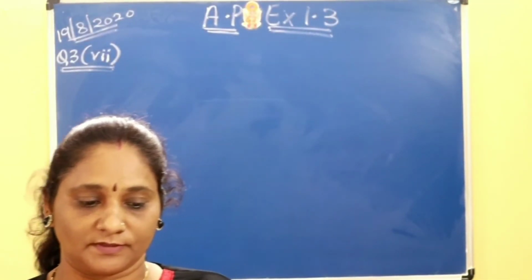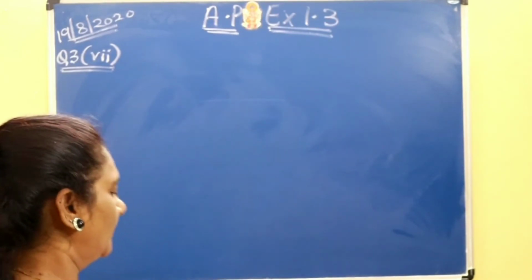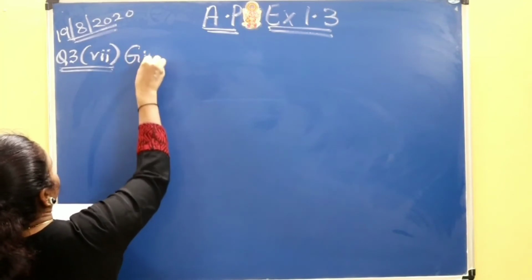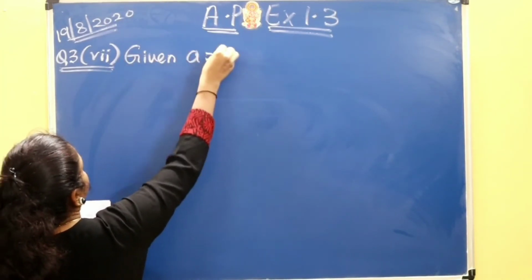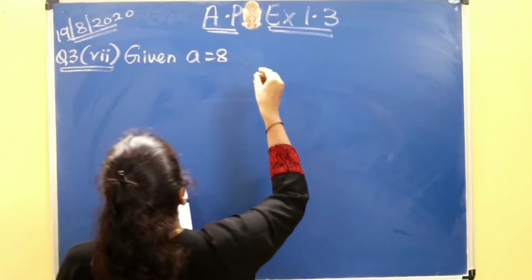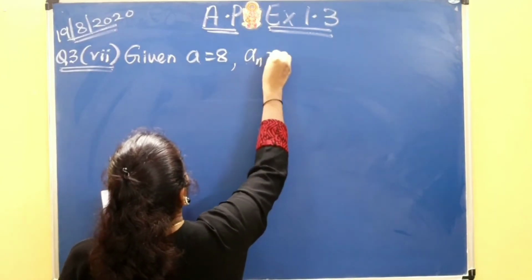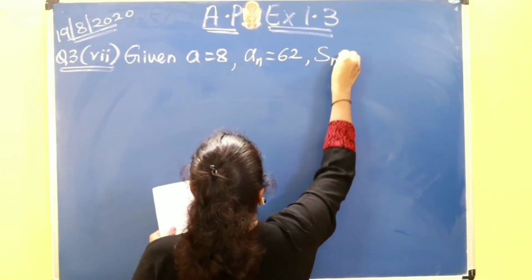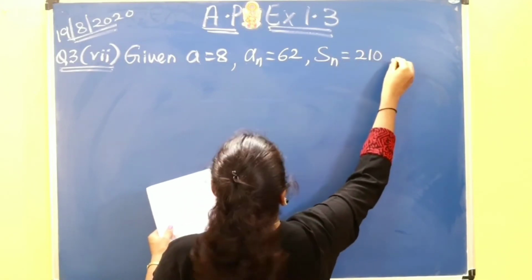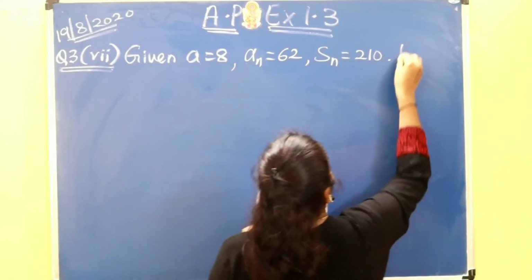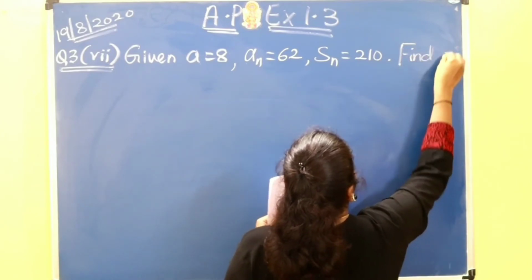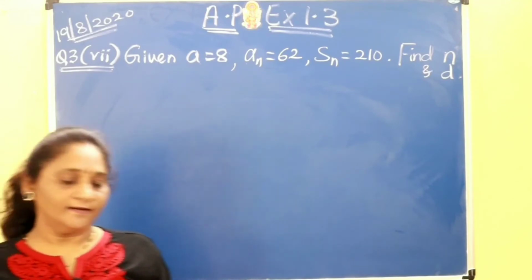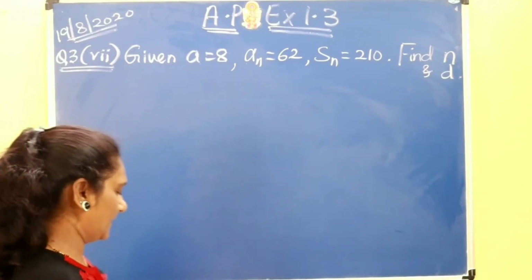Coming to the seventh sum, given a is equal to 8, an is equal to 62, Sn is equal to 10. Find n and d. You have to find out n, you have to find out d.